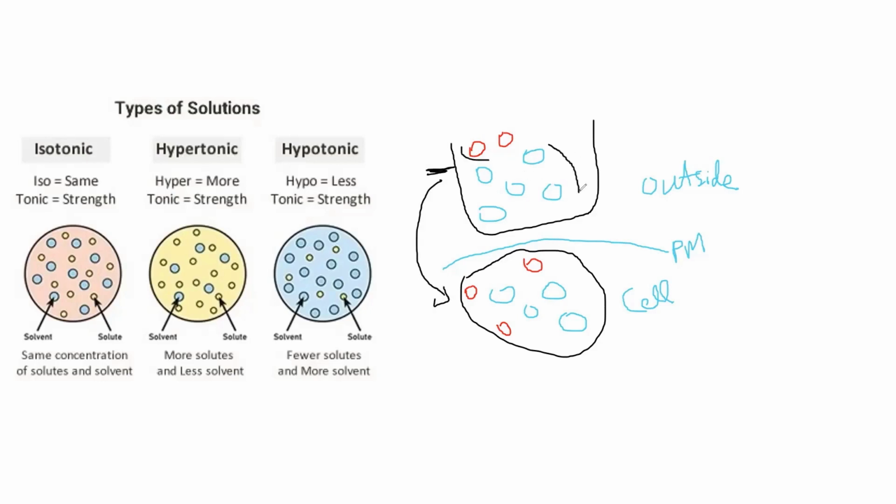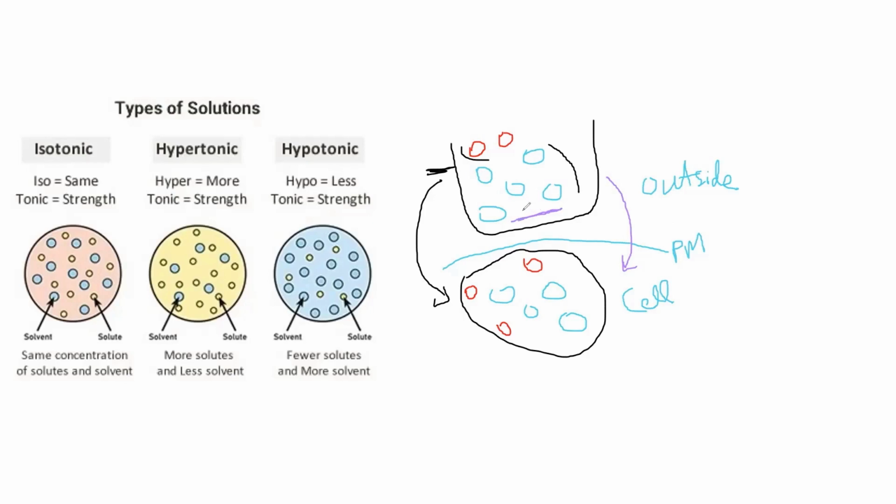Fine? So what I said earlier was that water molecules are always going to travel from their higher water potential or from their higher concentration to lower concentration. So in this case, what is going to happen is that the water is going to flow from the hypotonic solution to the hypertonic solution, because it has more water molecules.